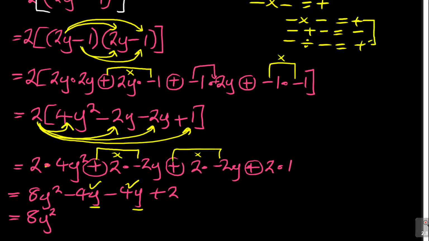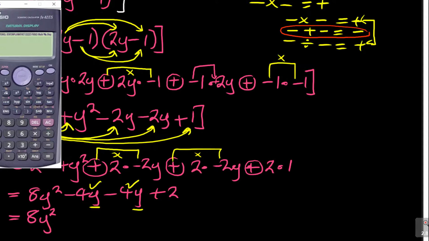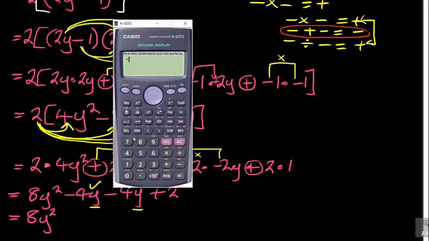So multiplication and division are the same, but with addition, minus plus a minus, always remember, you get a minus. Let me give you an example again. If I say minus 2 plus minus 4, you add 2 plus 4, which is 6, but maintain the negative sign. It's negative 6.